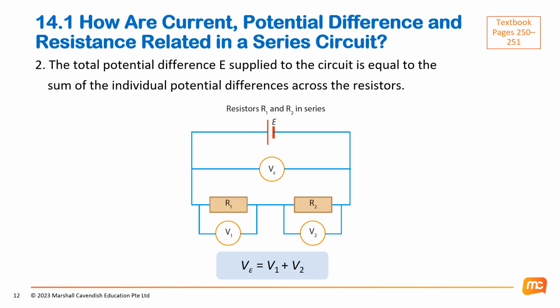And what happens for the potential difference, right, for each of the resistors? So just now the example you saw is when the potential differences are the same, mainly because the resistances are the same. But what if R1 and R2 are different values?